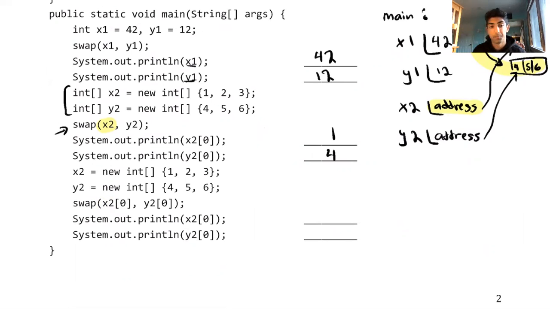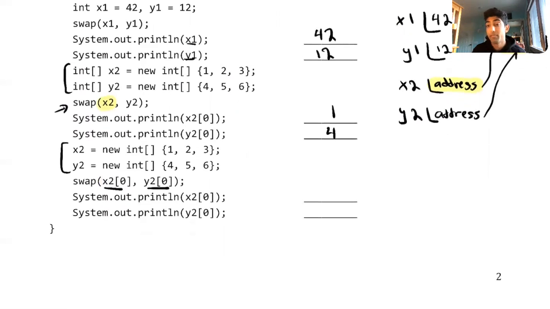Cool, we're almost there. For this last part, it's actually not as tricky as it looks. We create these two arrays, x2 and y2, and then we call swap of x2 of 0 and y2 of 0. In the swap function, recall that we're setting x and y to be equal to x2 of 0 and y2 of 0.